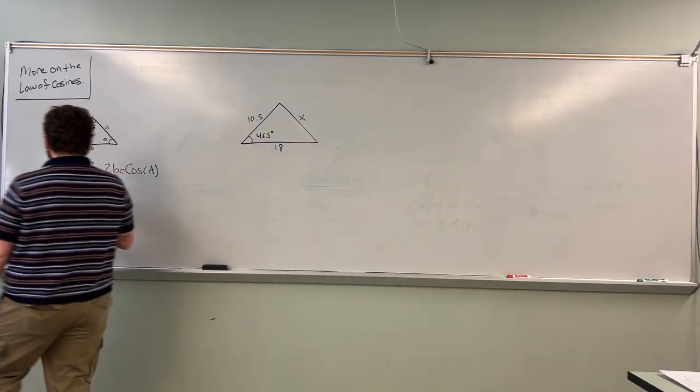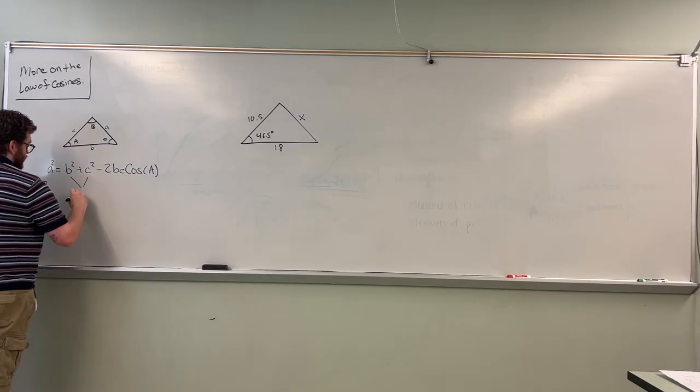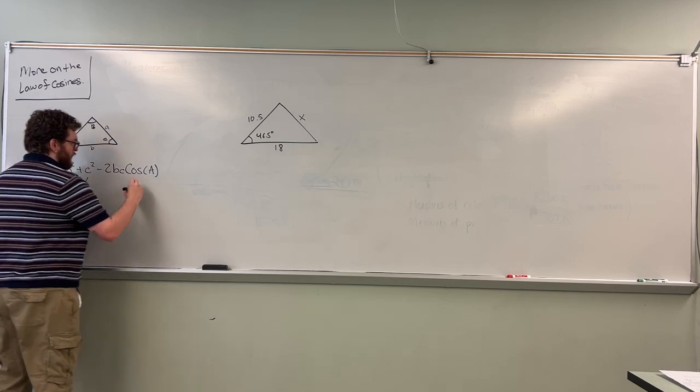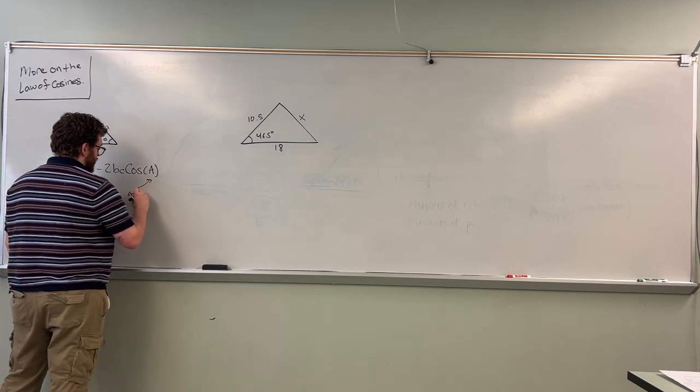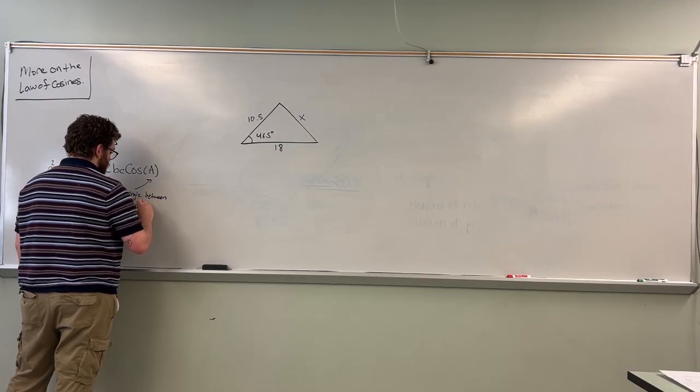Remember, A is our unknown. B and C are known sides, and A is the angle between known sides.